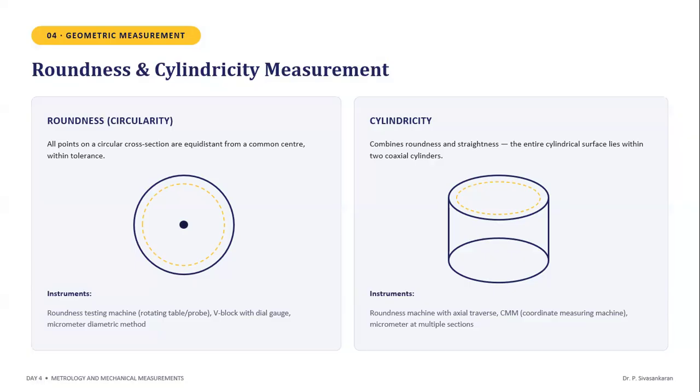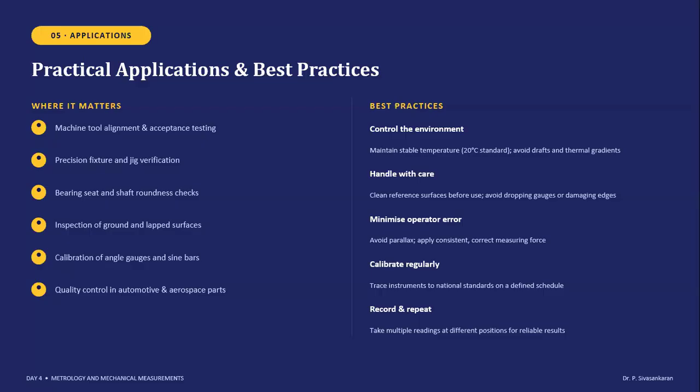Let us now look at the practical applications and best practices. Angular and geometric measurement are important in machine tool alignment and acceptance testing, precision fixture and jig verification, bearing seat and shaft roundness inspection, inspection of ground and lapped surfaces, calibration of angle gauges and sine bars, and quality control of automotive and aerospace components. For reliable measurement, always control the measurement environment and maintain a stable temperature.